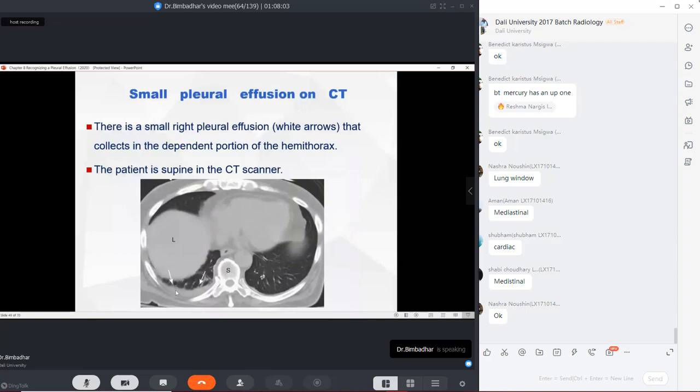Is this clear now? Yes or no, guys? So on a CT scan, where does pleural effusion accumulate? It will always accumulate down on the posterior surfaces. Don't forget this. This is a hyperdensity when compared to the lungs, which are looking black.